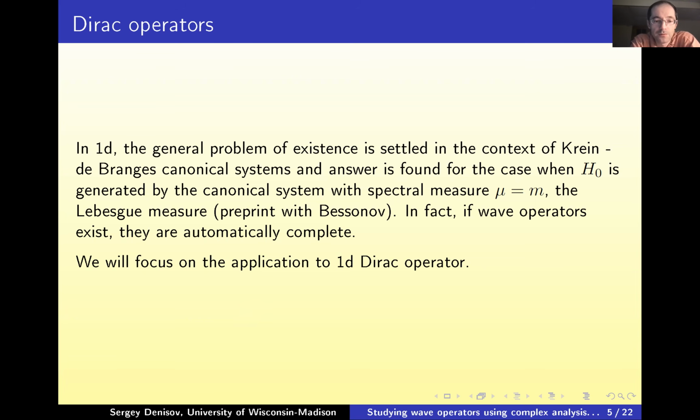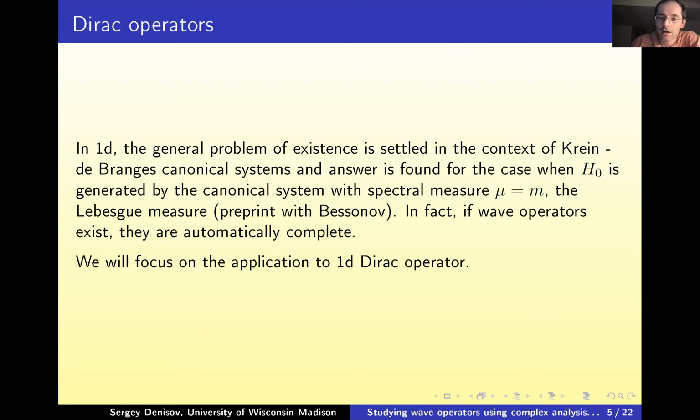That's a recent preprint of Roman and myself, and it's coming up. I hope it will be finished fairly soon and available on arXiv. So this discussion for the general case is a little bit complicated because it's technically involved, and just to formulate the result, I would need more than just one hour.